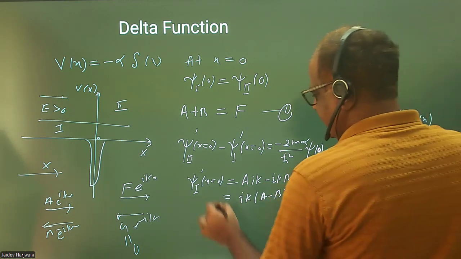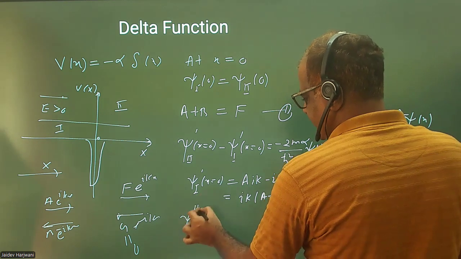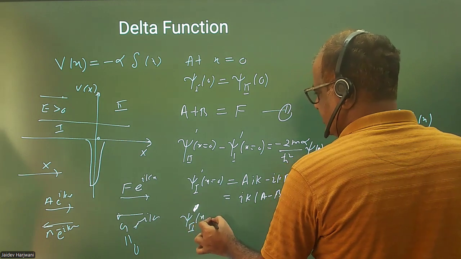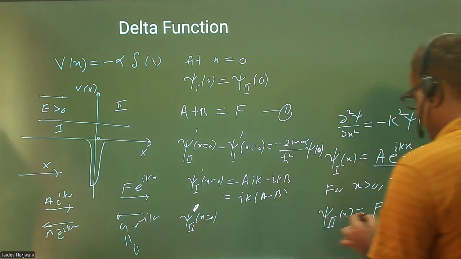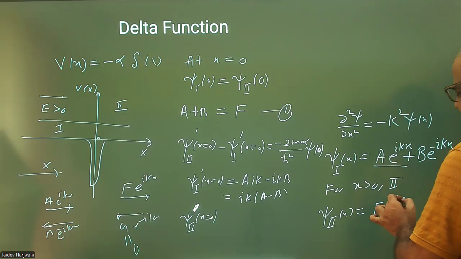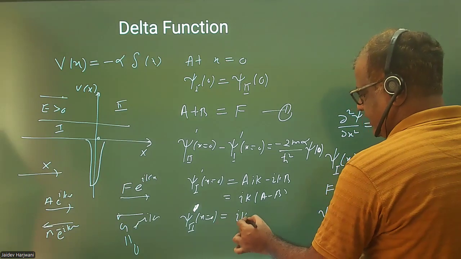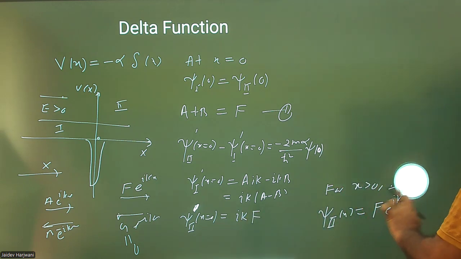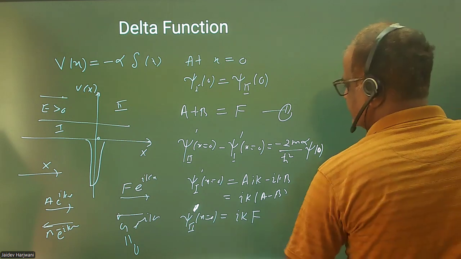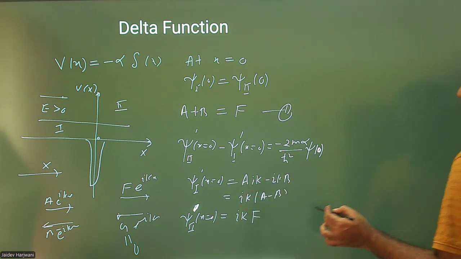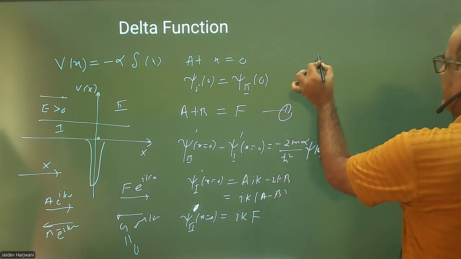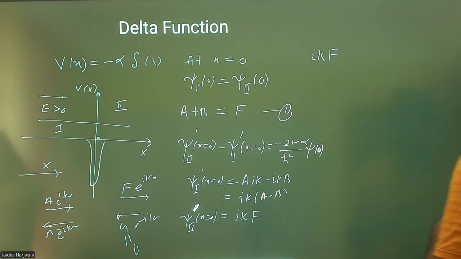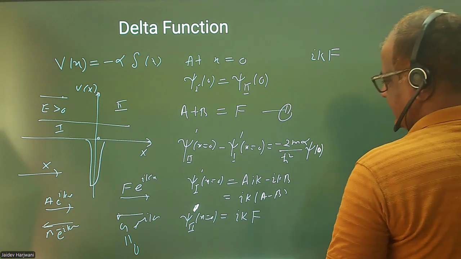Similarly, for psi dash of the second wave function at x equal to 0, you only differentiate this one, and this becomes iota k f. Now just put these values in this equation and we'll get the second condition. So we have iota k f.